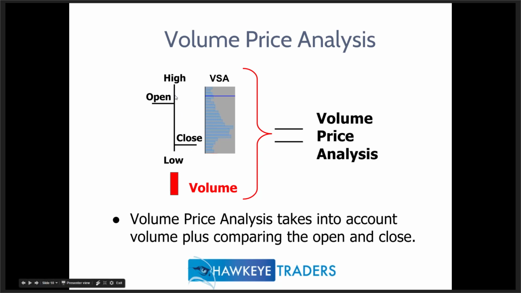And then we couple that with what we believe is really the most important part, the open, high, low, and close of that price bar rather than just the high and low only. Based upon that distribution and the location of the open and close, we are able to determine with a high degree of accuracy the presence of aggressive buying or aggressive selling in this market, and we can determine institutional bias based upon that.